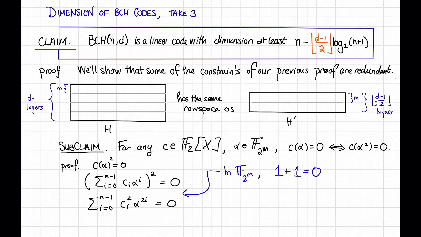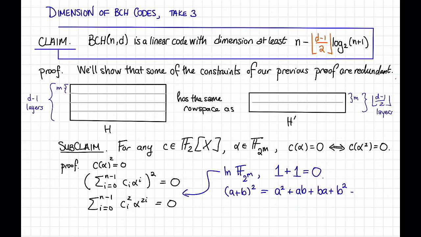If you believe that, then, for example, (a plus b) squared is equal to a squared plus ab plus ba plus b squared. And this ab plus ba, if we use the fact that multiplication is commutative and the various other arithmetic laws that hold in fields, is equal to ab times (1 plus 1), and 1 plus 1 is equal to 0, so this is equal to 0.